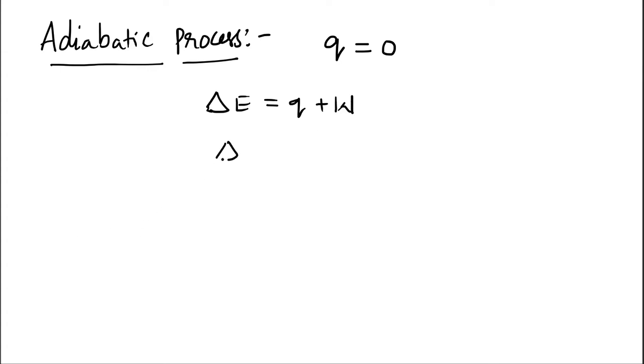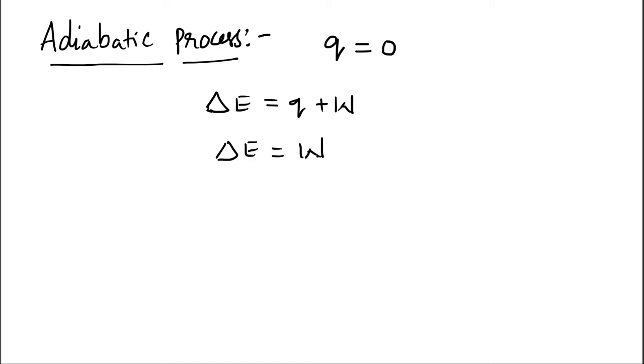What is an adiabatic process? A process where the system is not exchanging heat between itself and the surroundings. Therefore, Q equal to 0 in the adiabatic process. And if we apply the first law of thermodynamics, delta E equal to Q plus W, that is giving us delta E equal to W. That means the work done in an adiabatic process is always at the expense of its internal energy.